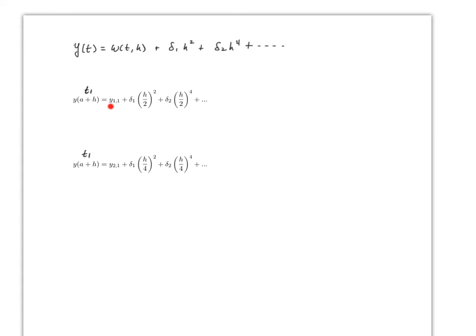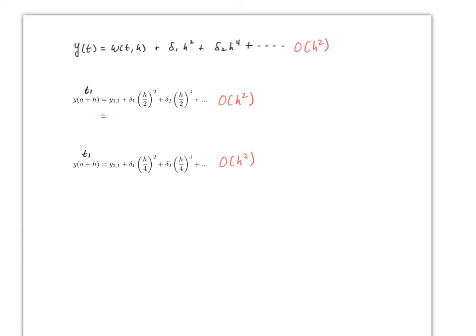So this is an approximation, this is the error, and in fact this is order of h squared, which is just this one too, and so is this one. So here we got 2 approximations for y of t1, y11 and y21.